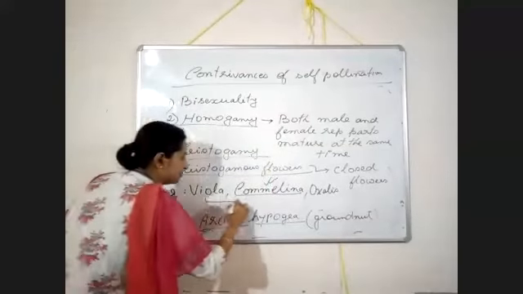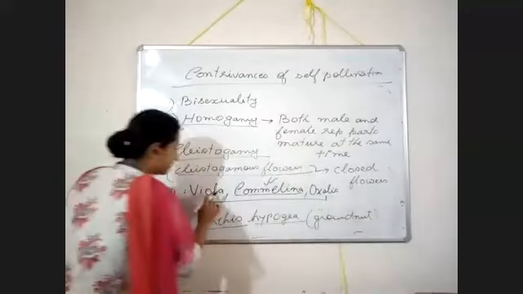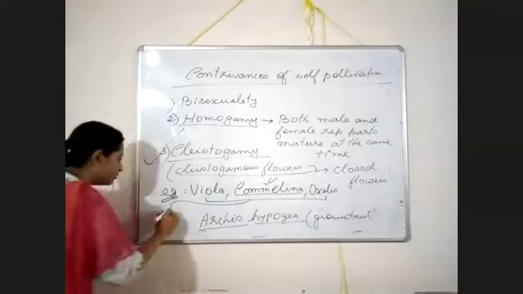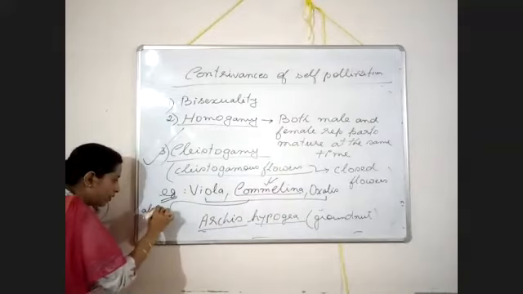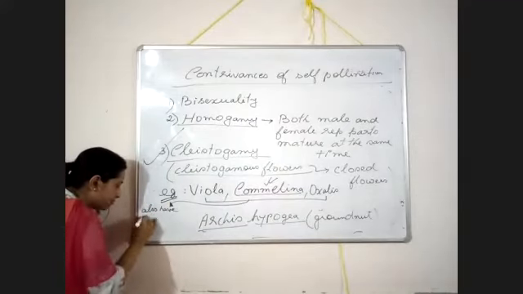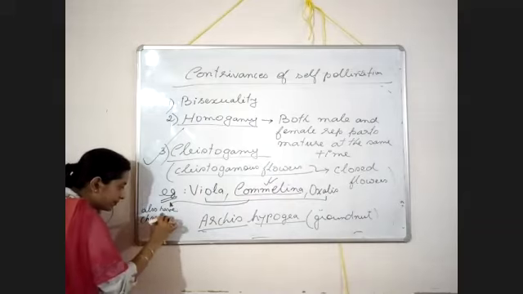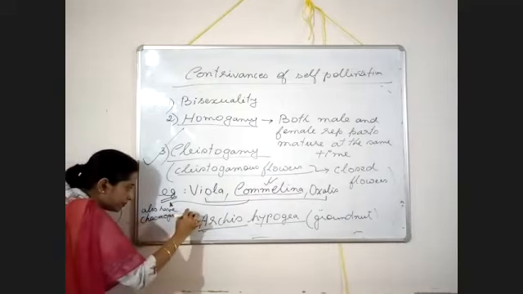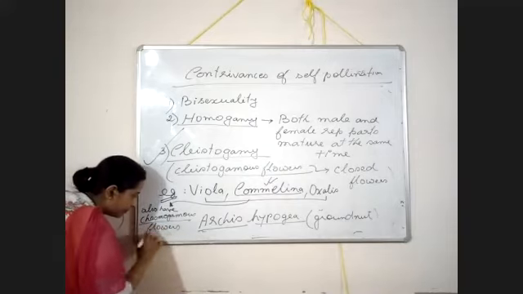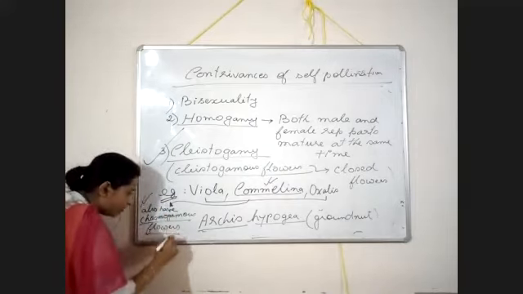Another thing you need to remember is that in these three cases, Viola, Commelina and Oxalis, they also have chasmogamous flowers. What is chasmogamous?